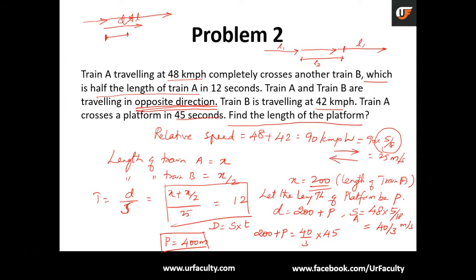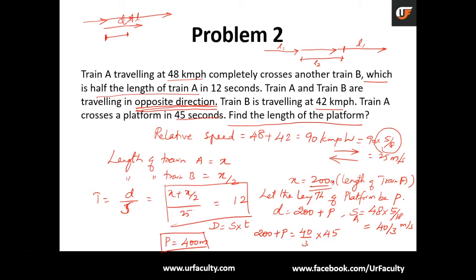So we did a distance by speed calculation: the distance is x plus x by 2, the length of both the trains, and the speed is 25 meters per second, which we got from the relative speed calculation. We equated it against 12, and we got the length of train A to be 200 meters.